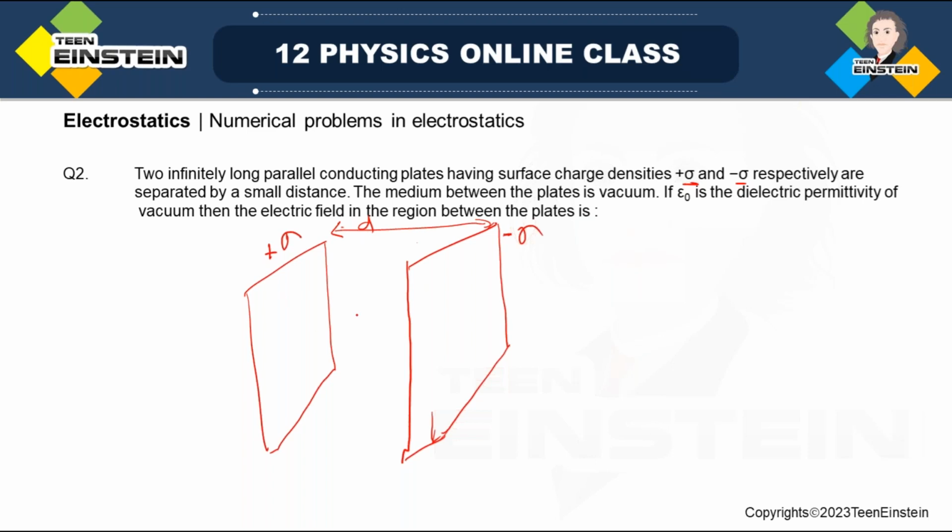And the medium between the plates is given as vacuum. Epsilon 0 is the dielectric permittivity of the vacuum. Then I have to find the electric field in the region between the plates.